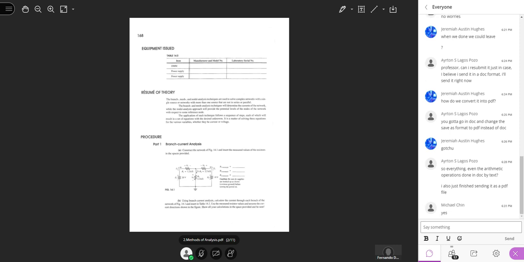I'm just going to read from one that I have right now. Construct the series network and insert the measured values of each resistor. By the way, we didn't do that part. Remember that we said we will not measure each individual resistor, but you're writing it here because you are copying from the manual. Calculate the total resistance. Yes, we did that part.